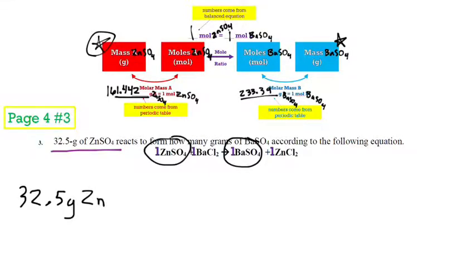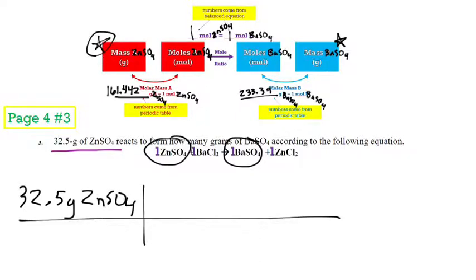32.5 grams of ZnSO4, and I'm not going to set up the rest of it. I want you to work your way from where we're starting here with that given. The first thing you're going to do on your way forward, trying to get to that final answer, is to use this molar mass. After you've done that, and be careful about your diagonal rule, your next step is going to be that mole ratio, using this 1-to-1 ratio and setting that up carefully.